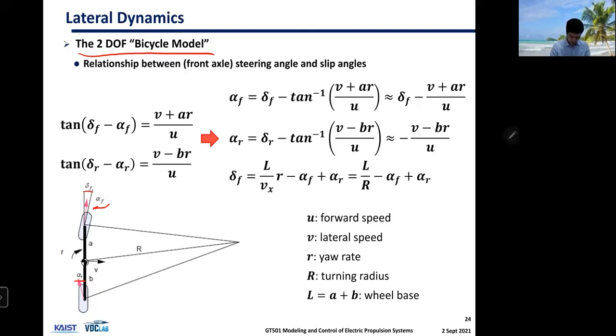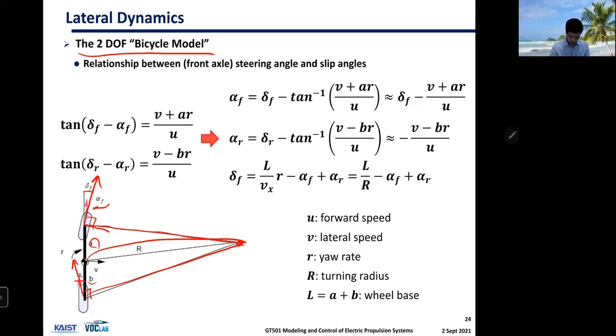If we draw a perpendicular line from the actual traveling speed vector, this distance is going to be the turning radius, which means your vehicle is turning with respect to this instantaneous point. Okay.